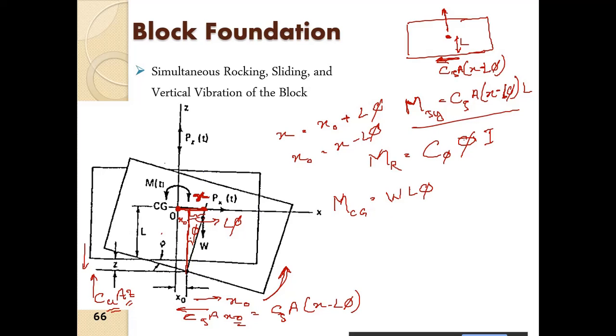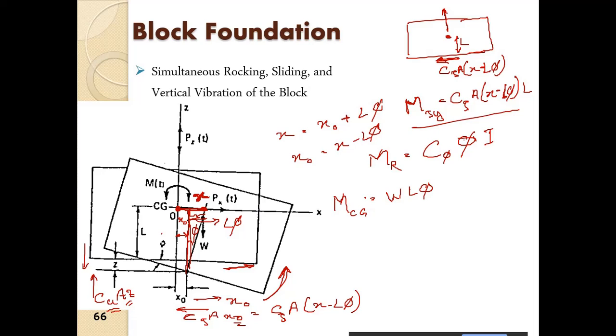This is the lever arm which will cause the moment, not this x naught. This x naught is the sliding displacement.